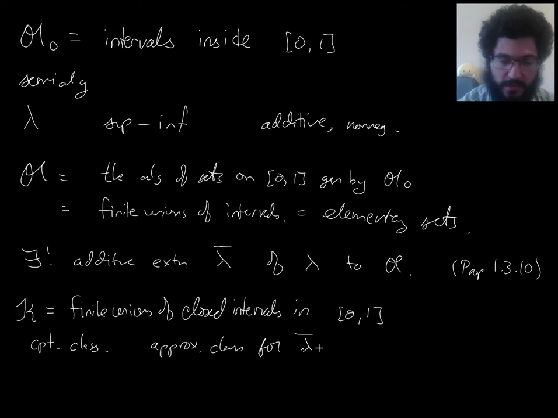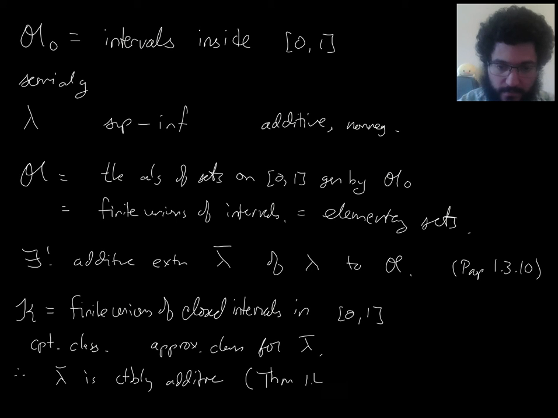We had to make these two observations, and therefore lambda bar is countably additive. That was theorem 1.4.3: if you have a compact approximating class for a non-negative additive function, then it's countably additive.